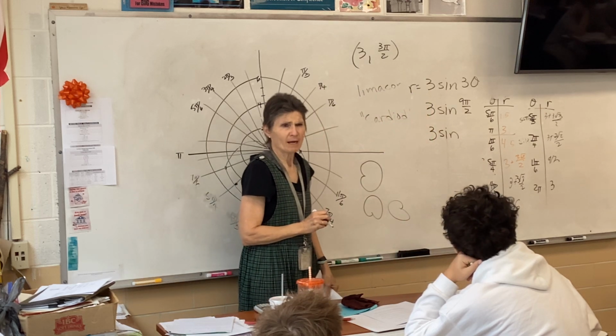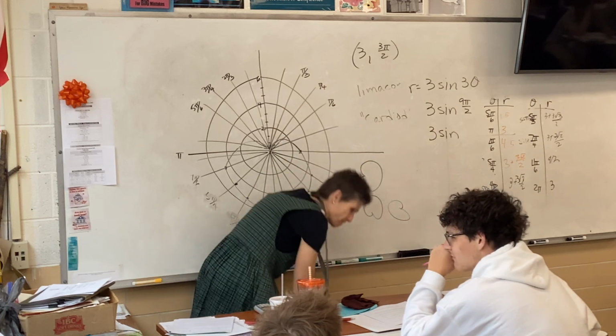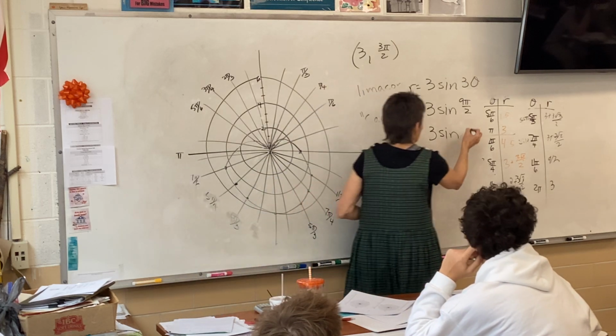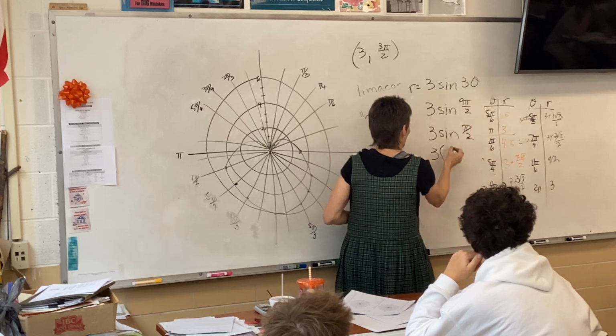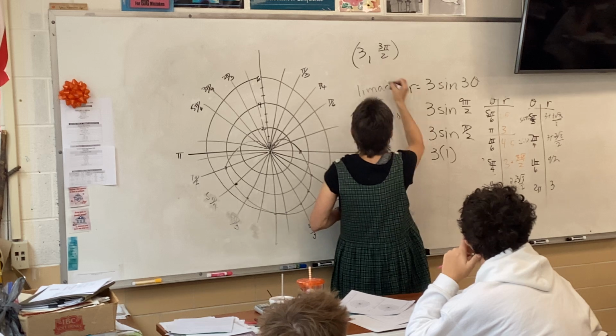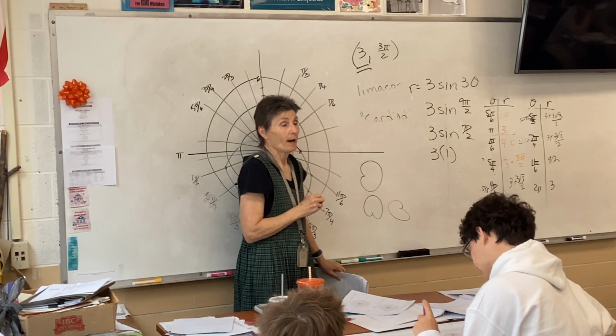What about 9 pi over 2? That's kind of big. This is pi. It's just pi over 2. And what's the sine of pi over 2? 1. So did I end up with where I was supposed to end up? Did I get the right R value? Yeah, so the answer is A.